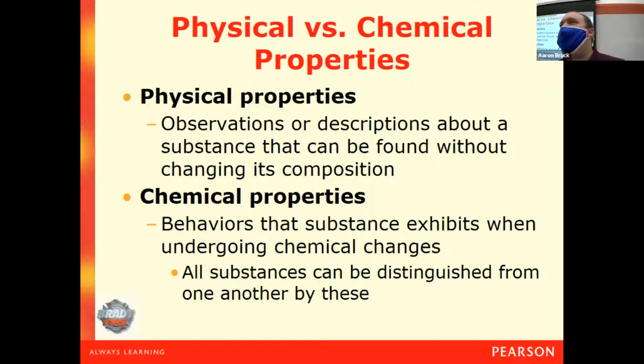Chemical properties, on the other hand, are behaviors of substances. They tell us something about the reactivity of those substances. This water will not burn. This pencil will. Metal oxidizes. And so chemical properties in a lot of ways can be used for helping us to distinguish one substance from another.